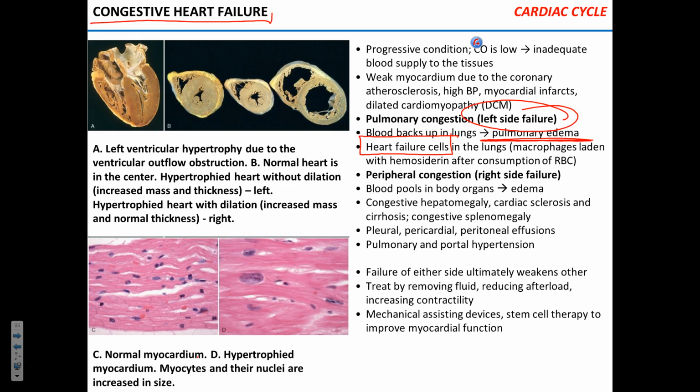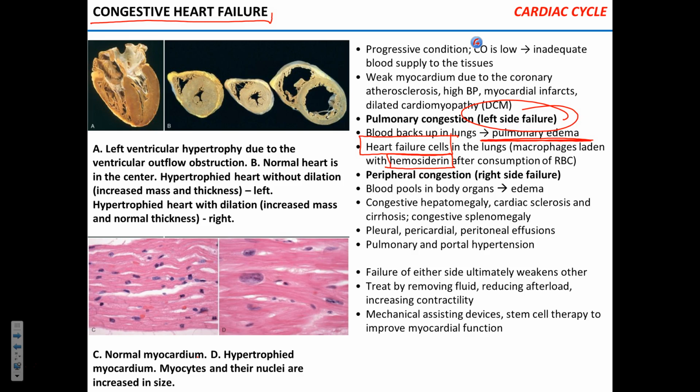So they will start consuming red blood cells, and they will be filled with iron and hemosiderin. Under the microscope, they look blackish because of the iron that they consume. That's a very characteristic pathological feature of left side failure.